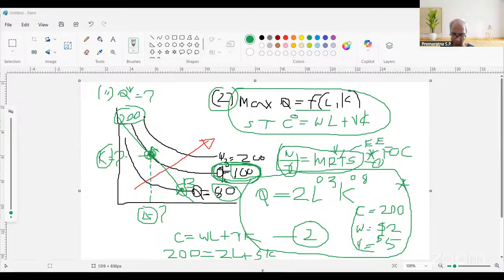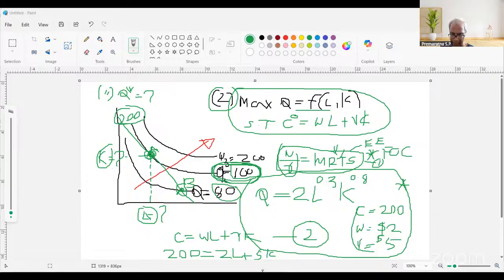The second equation in this case is the output, because the output is the one given. Now output is 100, equal to L to the power of 0.5 times K to the power of 0.5. This is the second equation.